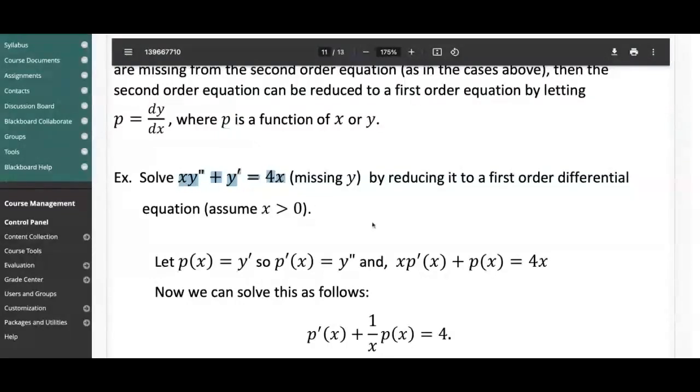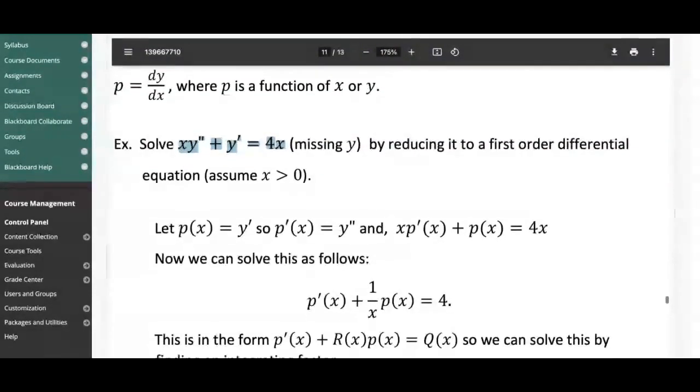So we want to solve this second order differential equation, and we want to reduce it to a first order differential equation. So what do we do? We just use a single variable function for y prime. So we take a derivative of this, then we get a second derivative, right?